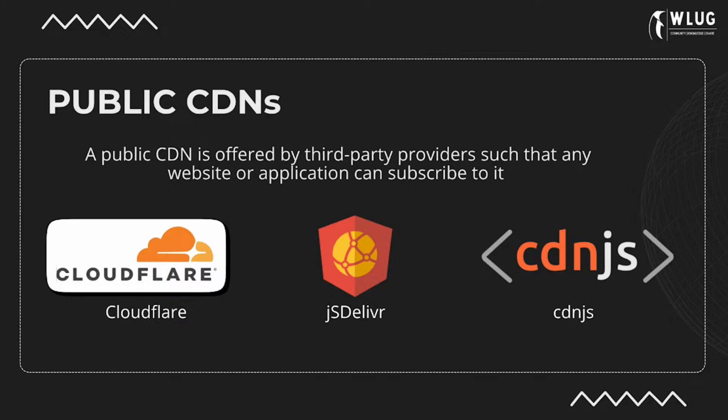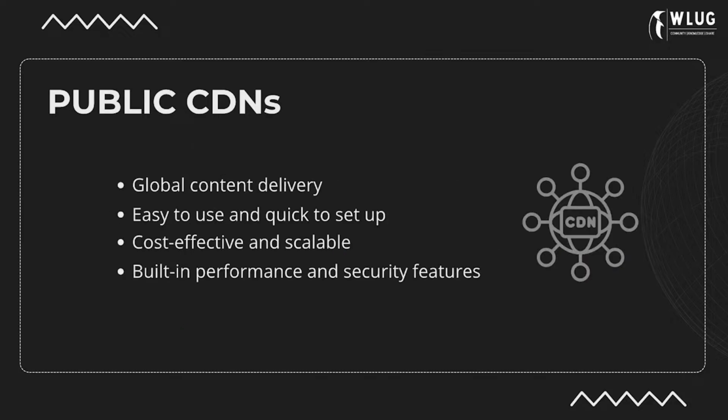So now let's look at some of the key features that are provided by a public CDN. They provide global content delivery, which means that they deliver content to all parts of the world, be it India, US, Europe, anywhere, right? Secondly, it's easy to use and quick to set up. So why is that so? Because since we're using a third-party provider, we already have the infrastructure that we need, and we just need to ask the provider to set it up.